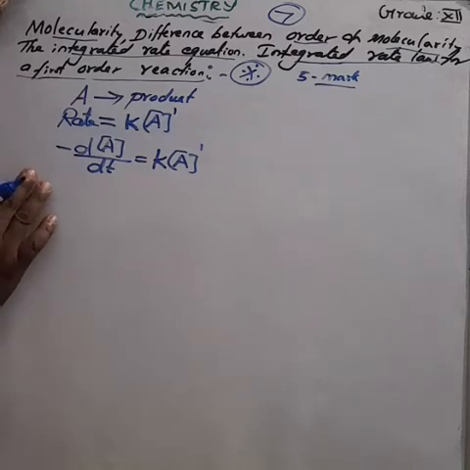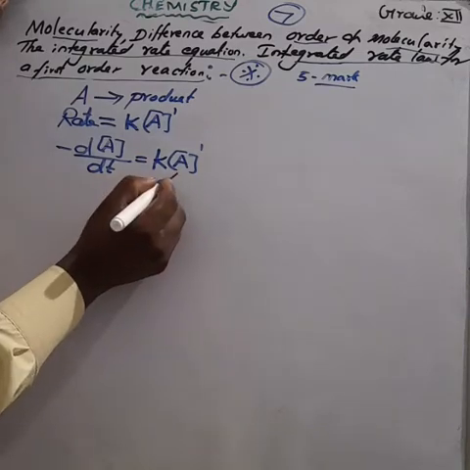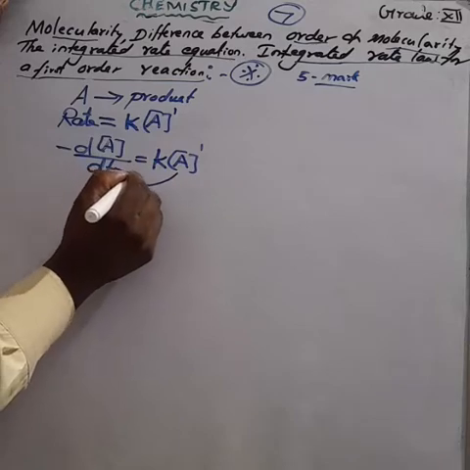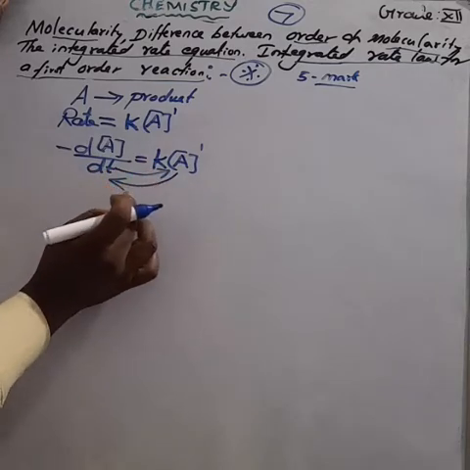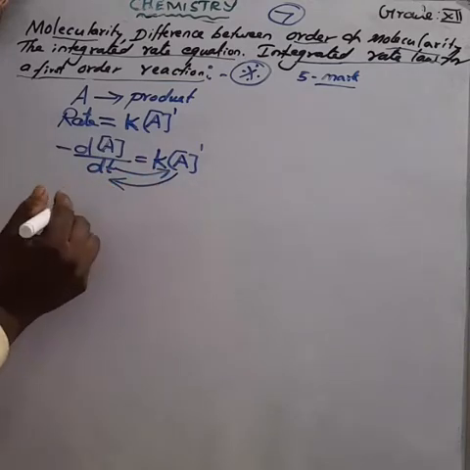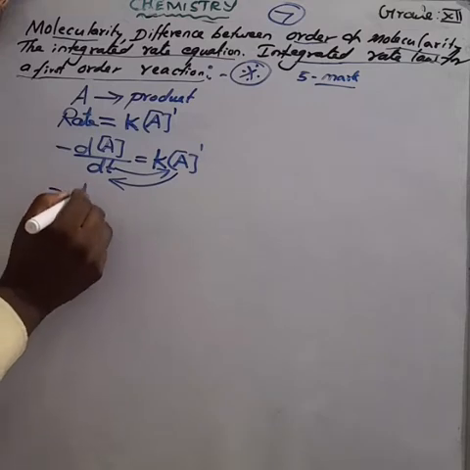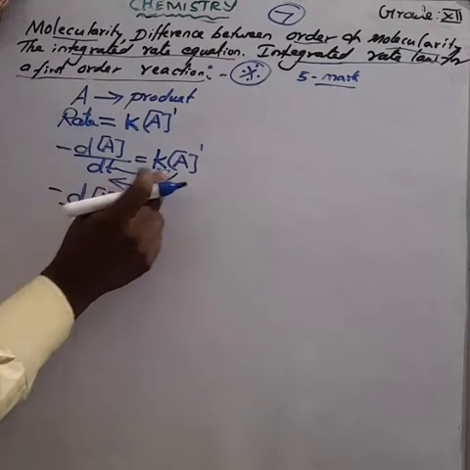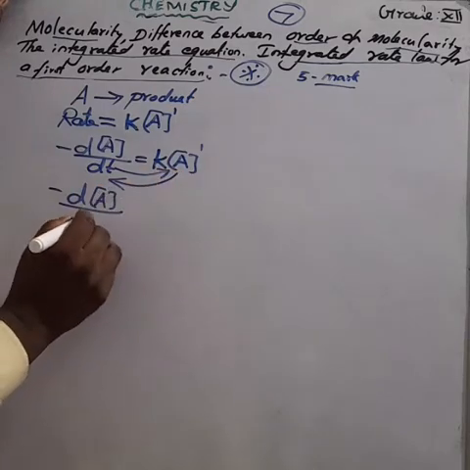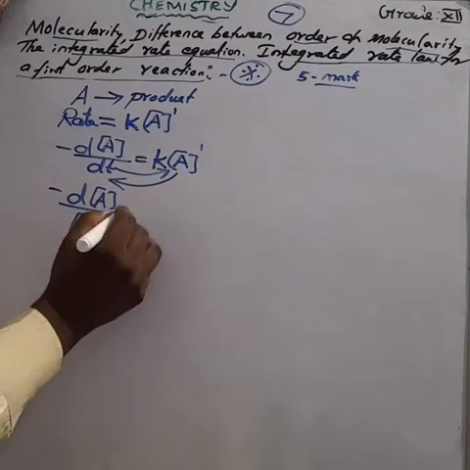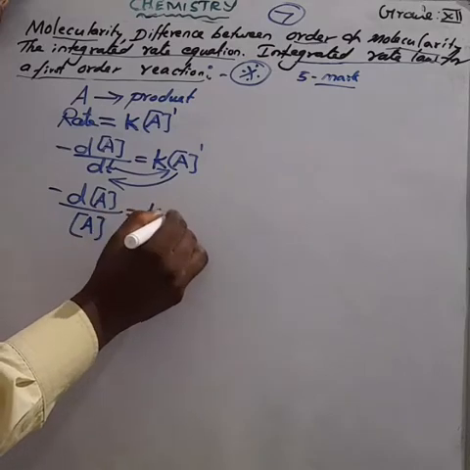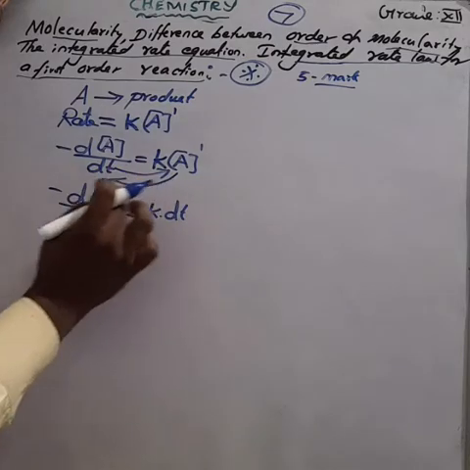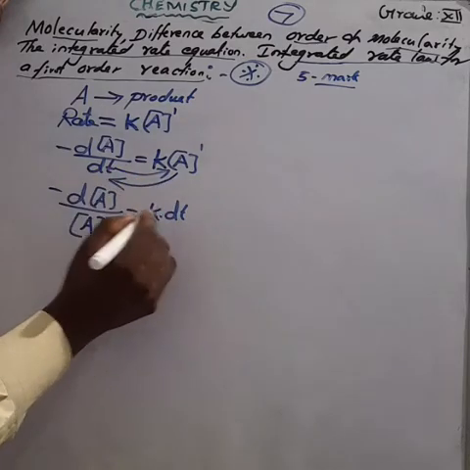Now I will rearrange the dt and the concentration of A. That can be written as minus d[A] divided by [A] is equal to k dt, just on interchanging.